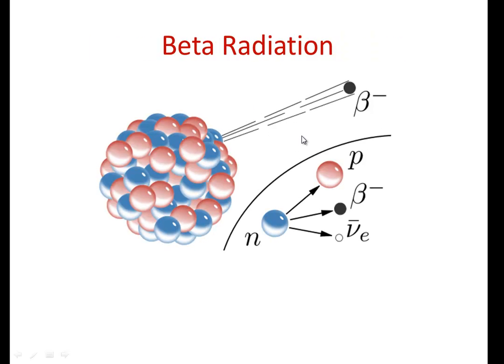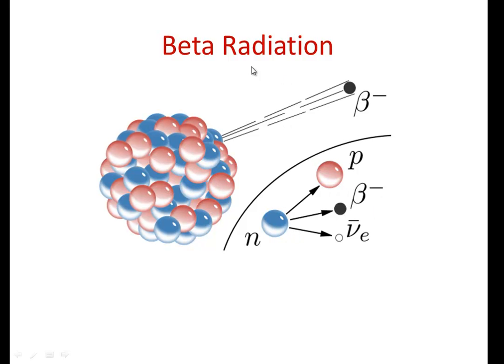Okay, next let's see an example of beta radiation. So in beta decay, a heavy nucleus will emit a beta particle, which is an electron, as we saw. The mechanism for beta emission is kind of bizarre. It entails a neutron converting to a proton plus an electron.